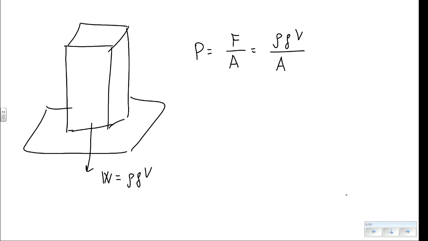And now I want to write this again. If we divide the volume over area, what's left? We used numbers to calculate the volume, but we can do some algebra sometimes, right?